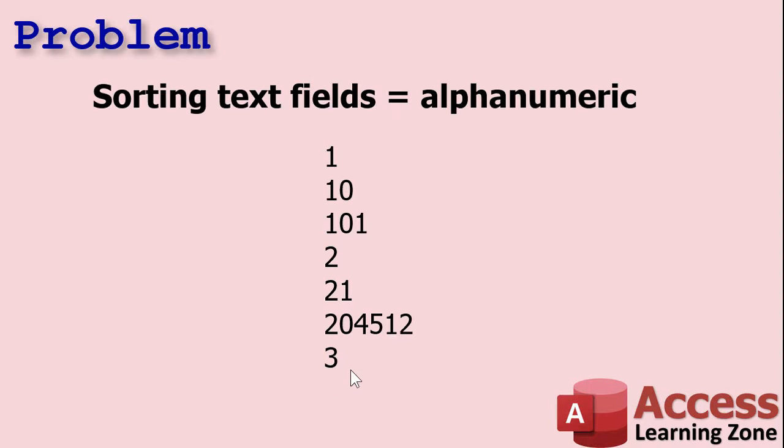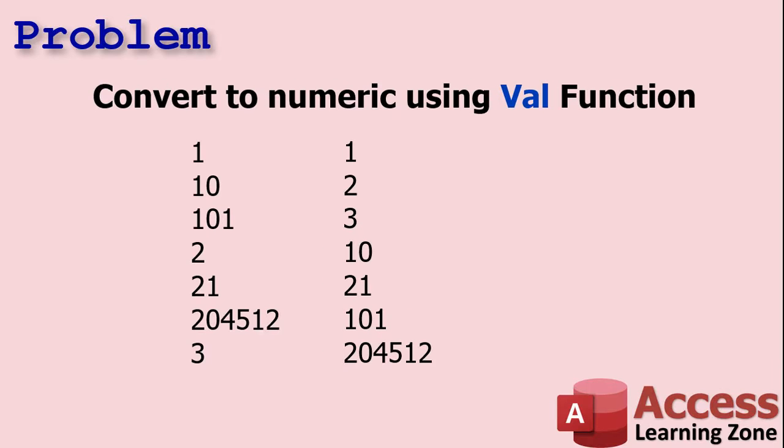Then all of the second column, then all of the third column, and so on. Whereas what you want is a numeric sort like this, where you've got the value of that number. And we can get the value from the Val function, which I'm going to show you in a second in the database. Okay, so that's an alphanumeric sort. That's a numeric sort.